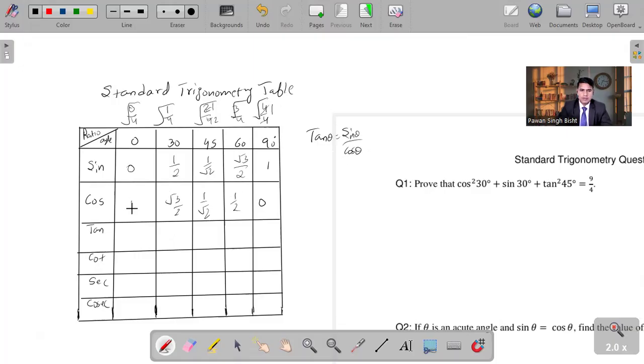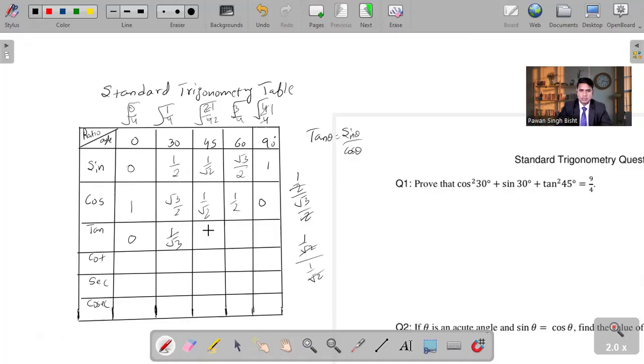So tan 0 is 0 divided by 1, which is 0. Then 1 upon 2 divided by root 3 upon 2. The 2s cancel. What do we get? 1 upon root 3. So the tan 30 value is 1 upon root 3. Then tan 45: 1 upon root 2 divided by 1 upon root 2.